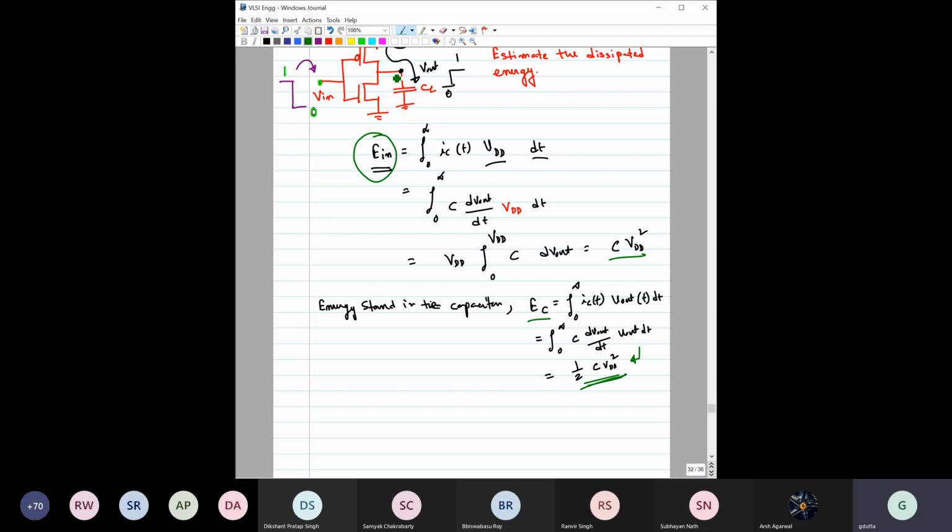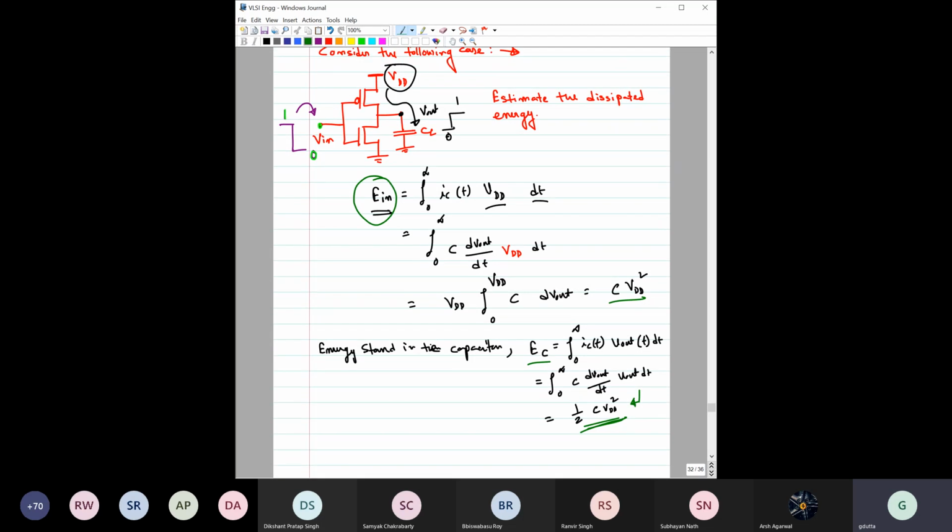Then where is the rest half of the energy? The rest half, that means half of C VDD square, has been lost while it was charging through this PMOS.